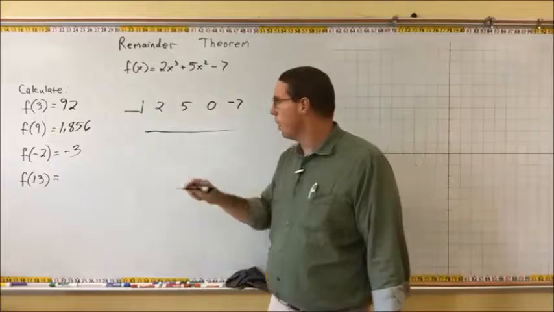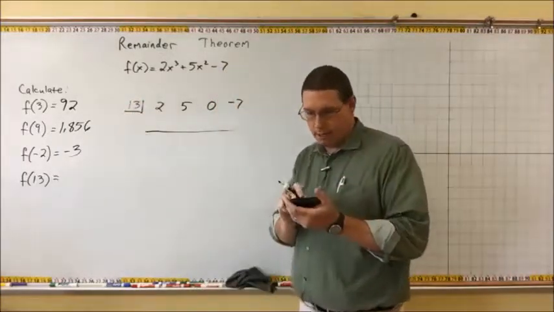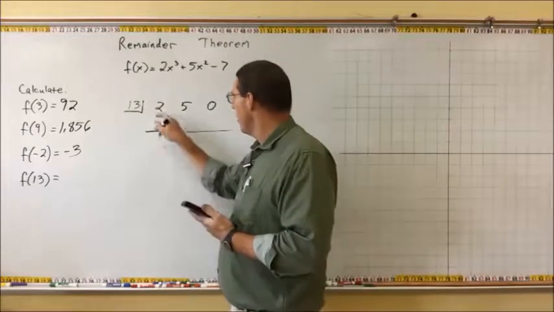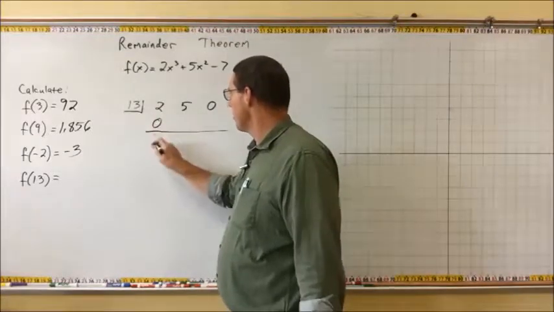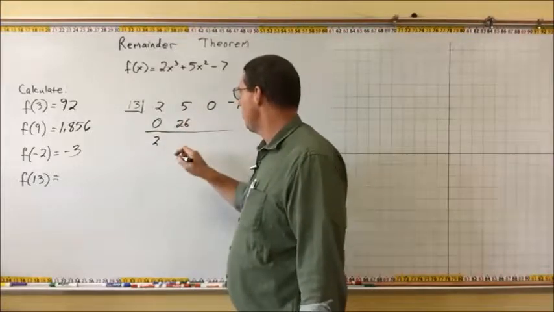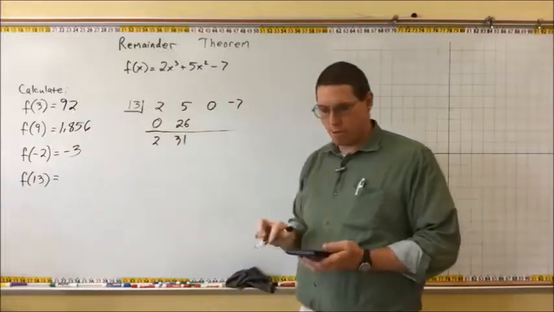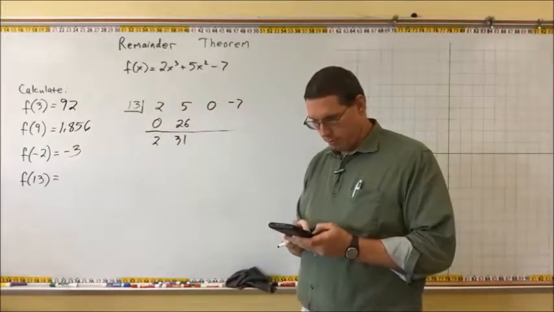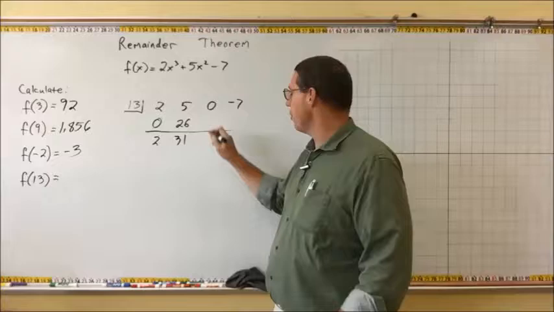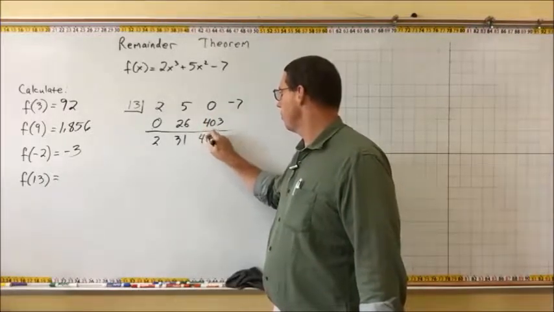All right, I'm going to put the 13 in the half box here. Got my calculator ready in case I need it. So I'm going to put a 0 under here. 2 plus 0 is 2. 2 times 13 is 26. 26 plus 5 is 31. 31 times 13 is 403. 403 plus 0 is 403.